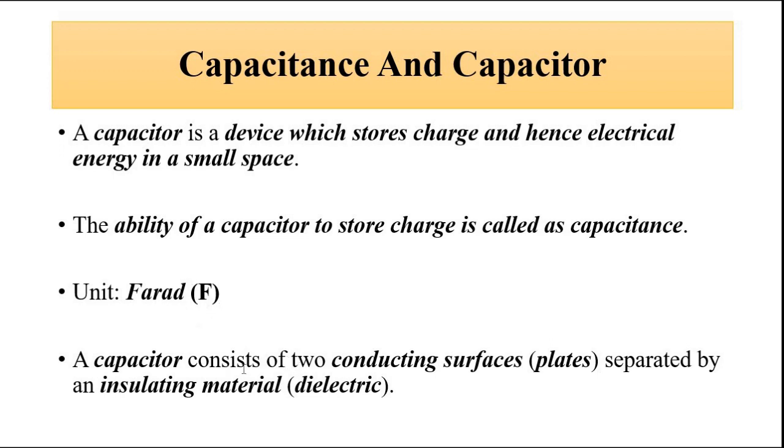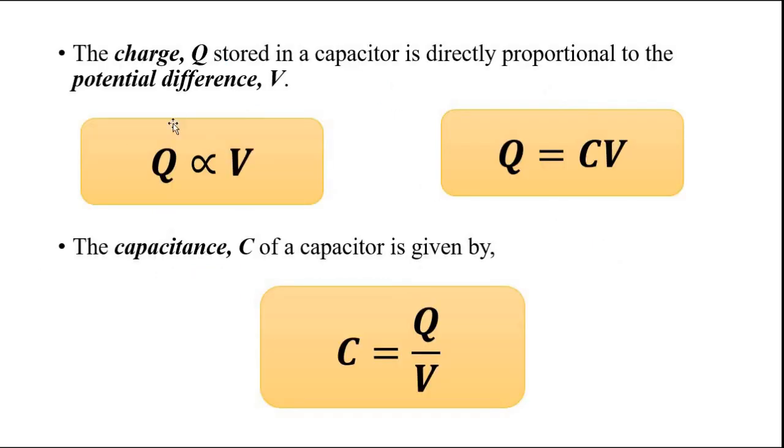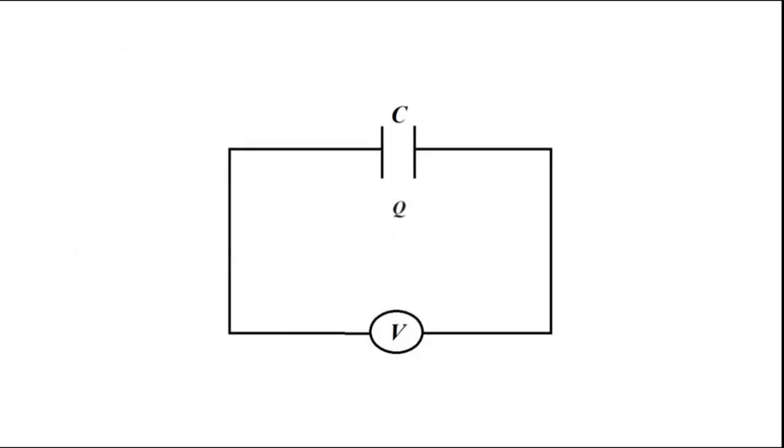As I said, it is typically expressed as two conducting surfaces or plates which are separated by an insulating medium or dielectric. It can be any medium, air or any other medium in which these two plates are kept. So the charge on the capacitor is directly proportional to the potential difference, the proportionality constant being the capacitance C, the unit of which is farad.